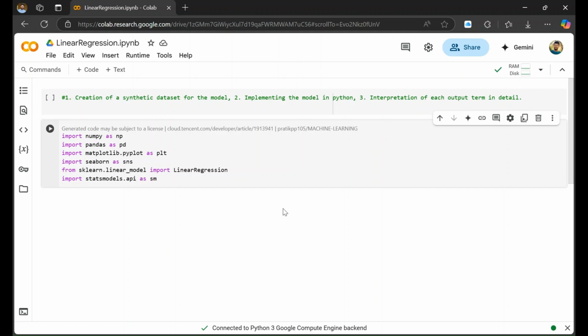So numpy, pandas, matplotlib, scikit-learn, and Statsmodels.